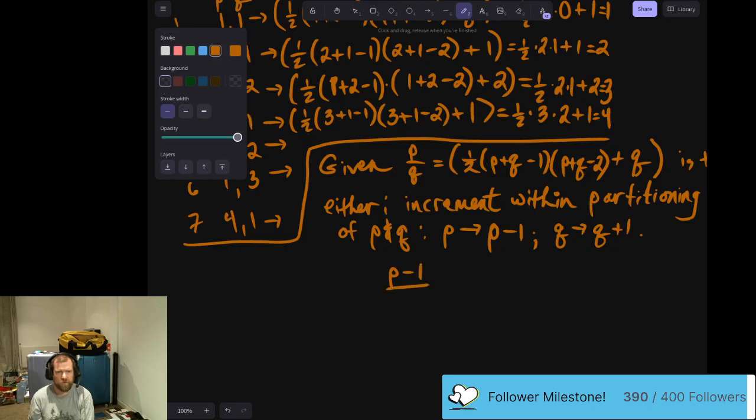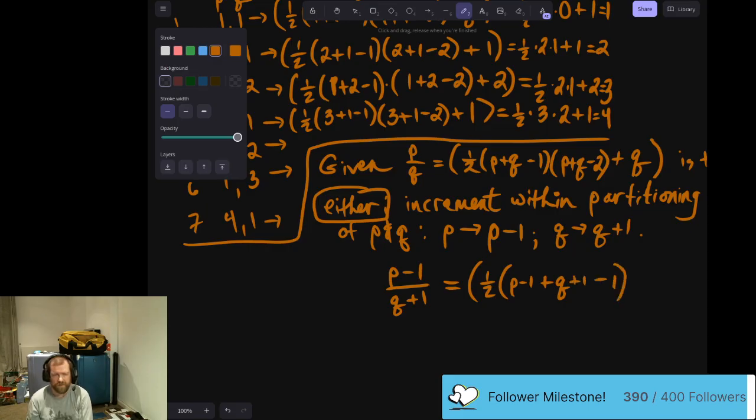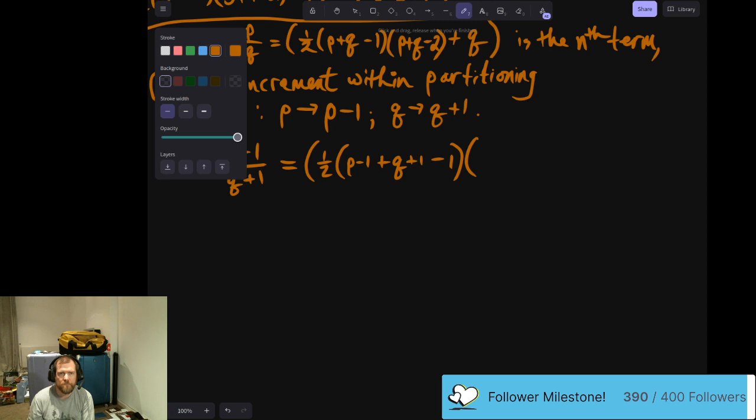So P minus 1 over Q plus 1 is going to be equal to P plus 1 plus P minus 1 plus Q plus 1 minus 1, times P minus 1 plus Q minus 2 plus Q plus 1.